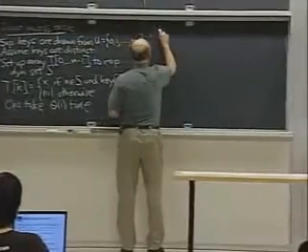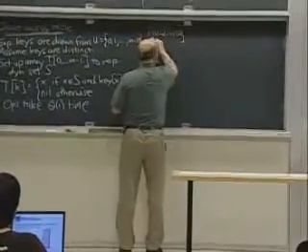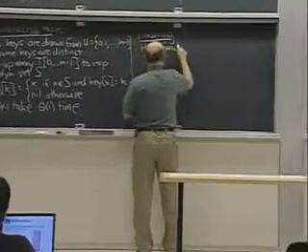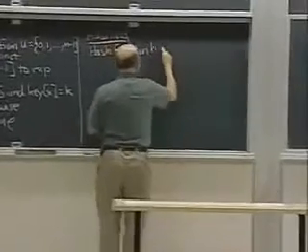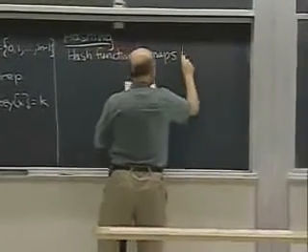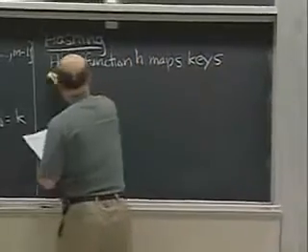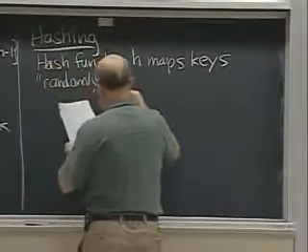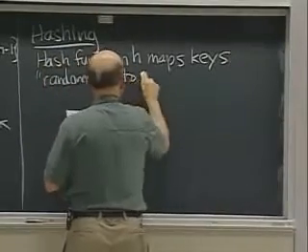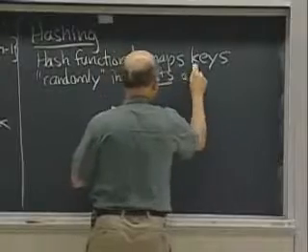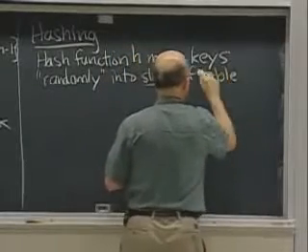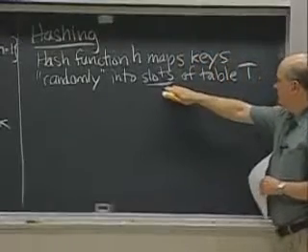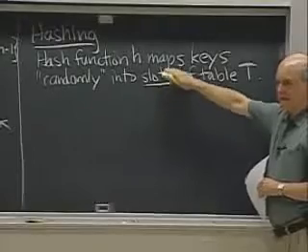So hashing is where we use a hash function, h, which maps the keys "randomly", and I'm putting that in quotes because it's not quite at random, into slots of table T. We call each of the array indexes here a slot.